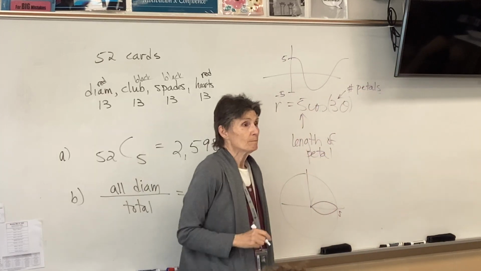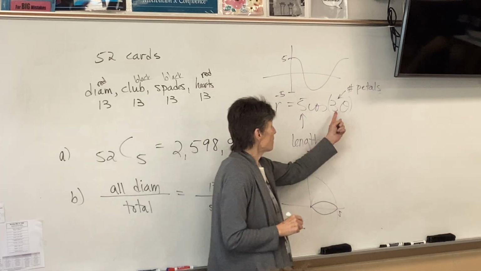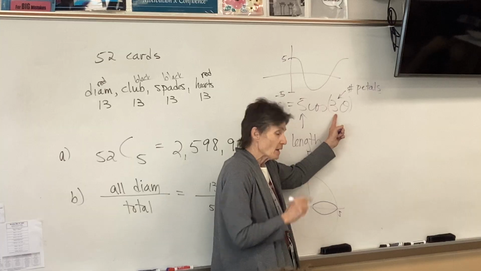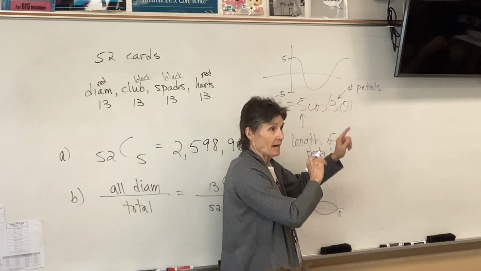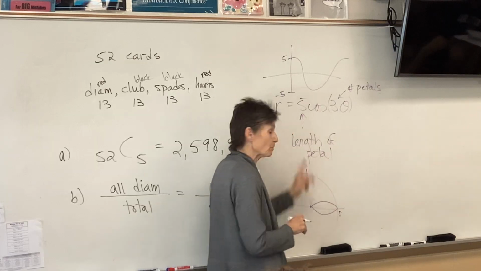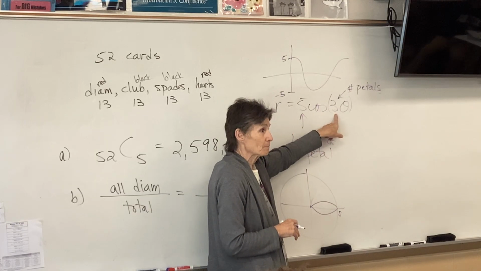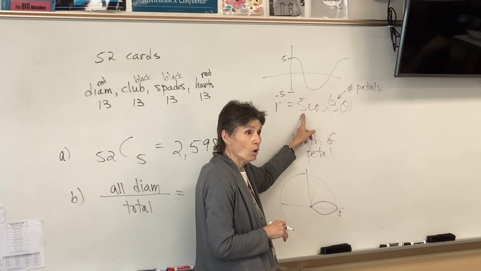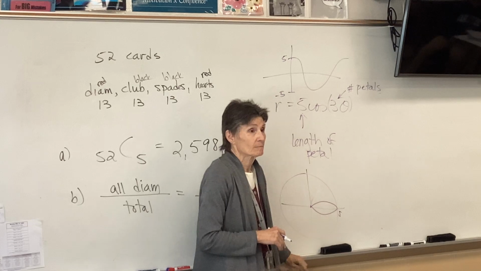And Leo made exactly the right observation. When that number is odd, that's how many petals you got. So this thing, I can tell you right now, without graphing it, it's got 3 leaves, they're 5 long, and it's got symmetry on the x-axis.